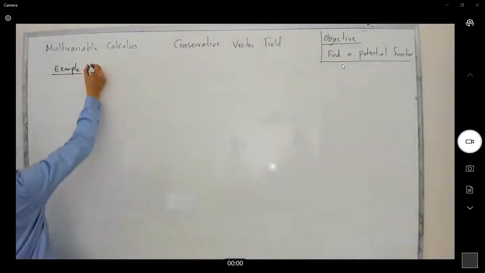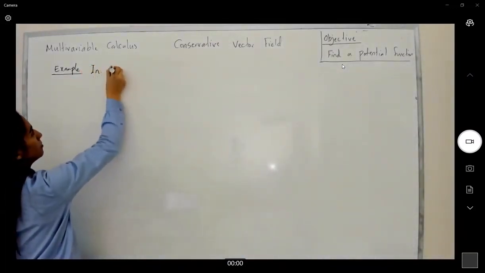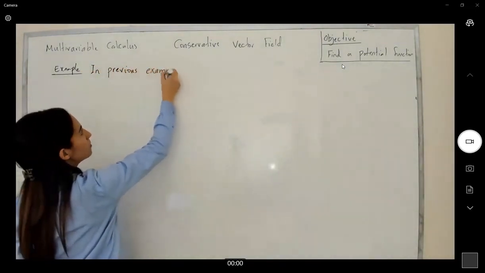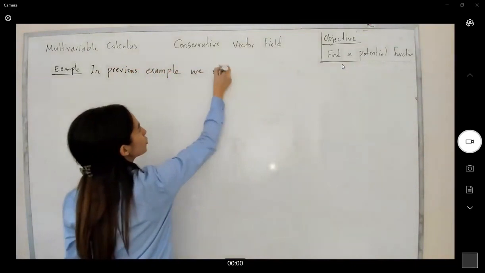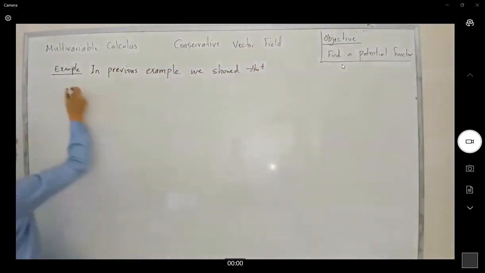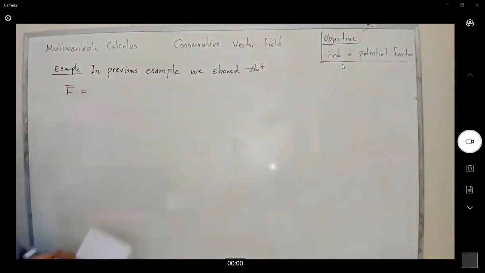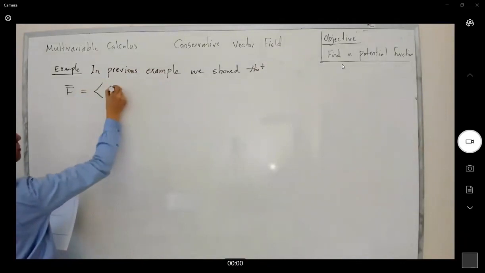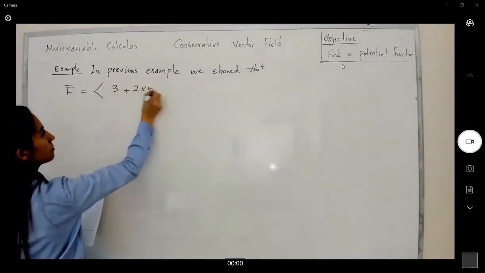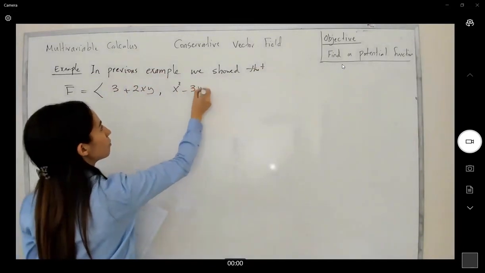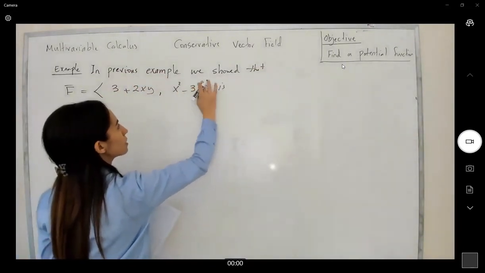In the previous example, we showed that vector field F, which was defined as 3 plus 2xy and x squared minus 3y squared, is conservative.